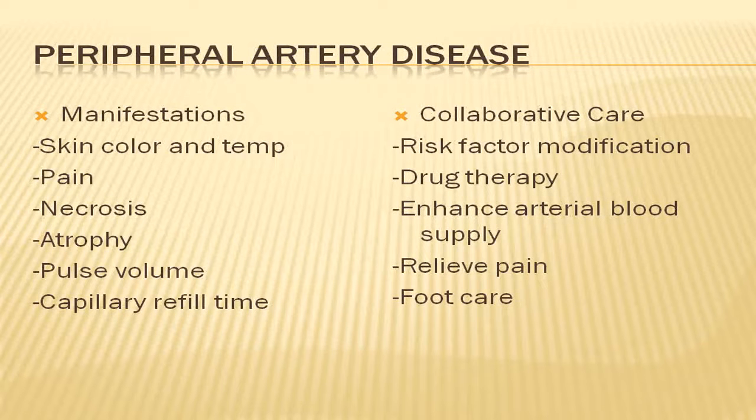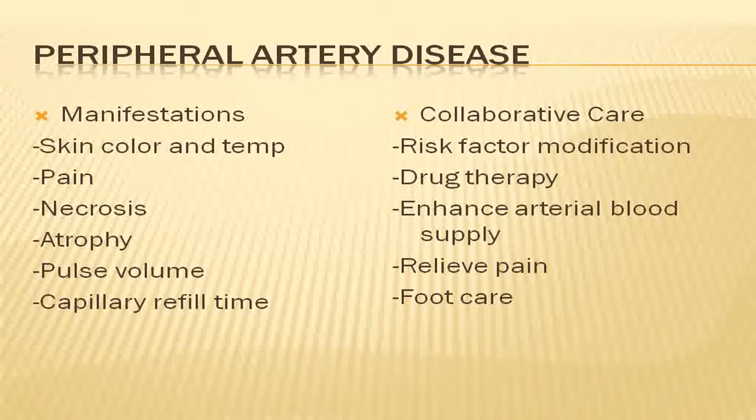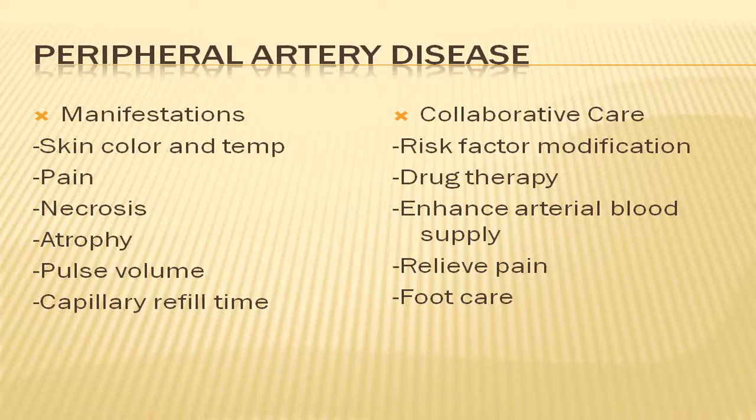And so when we talk about enhancing arterial blood supply, exercise therapy is one of the mechanisms for enhancing arterial blood supply. With this patient, the patient would need to begin a prescribed regimen of walking. Walking is simple, but it's also a very effective exercise for the patient that's experiencing peripheral artery disease.